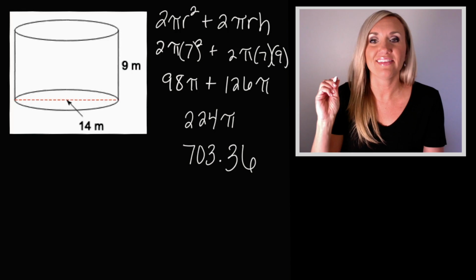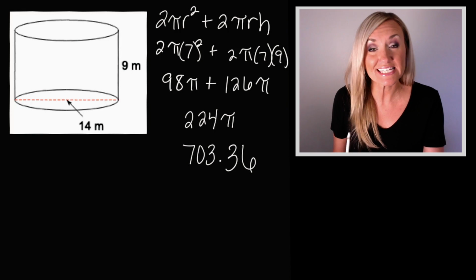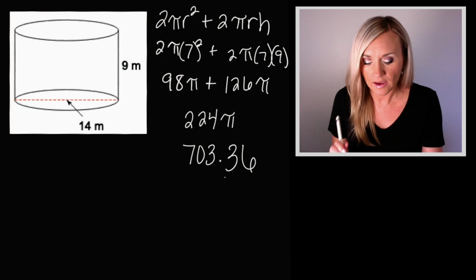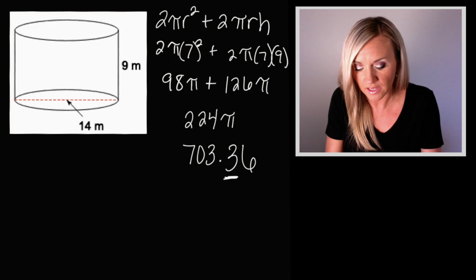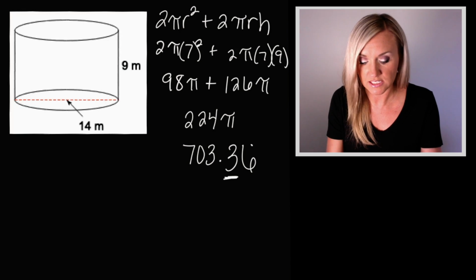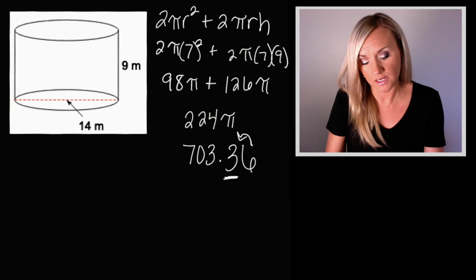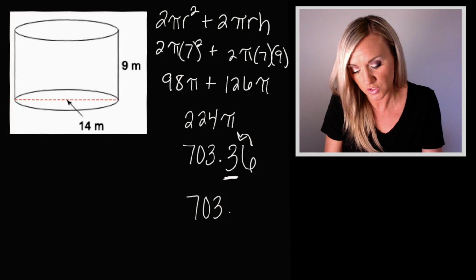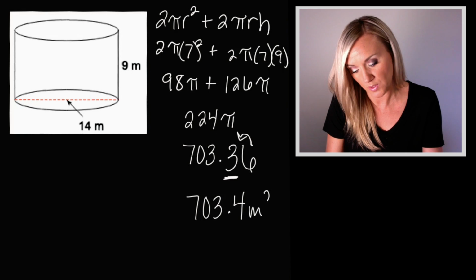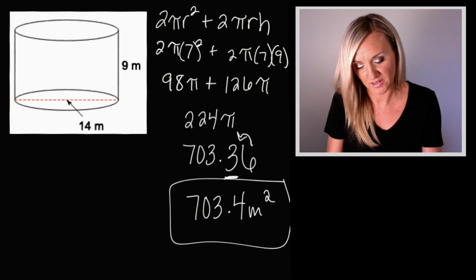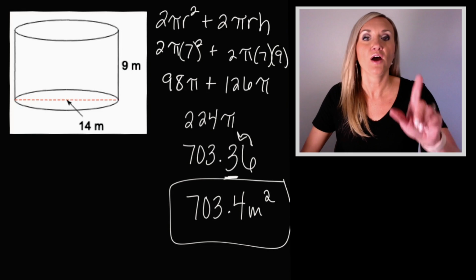Okay, and then I'd like you to round to the nearest tenth, and in doing so, you take a look at the tenths position, and the digit after it is larger than 5, so we're going to round it up to a 4, so 703.4 meters squared.